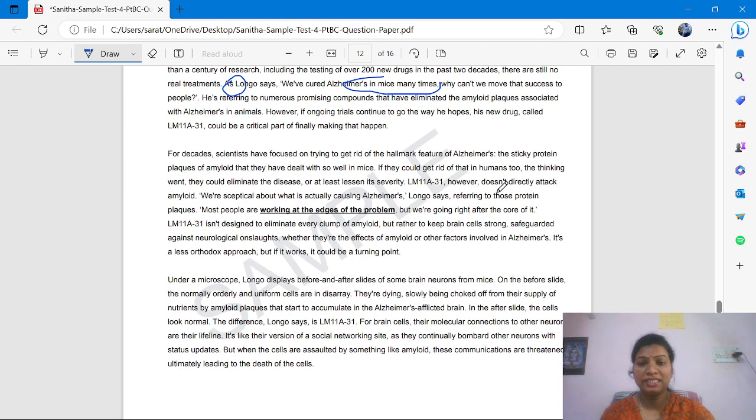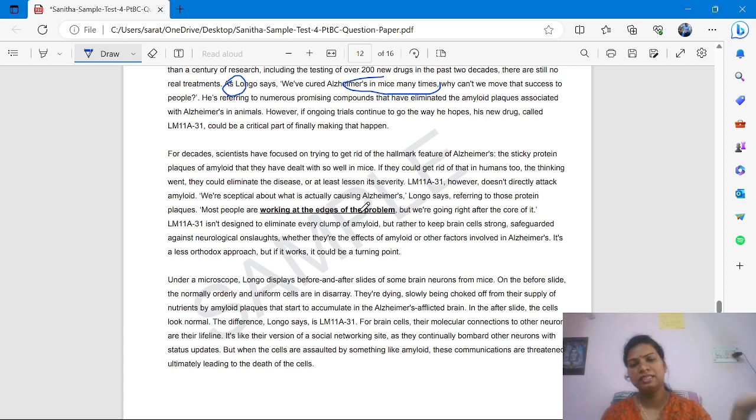LM11A31, however, doesn't directly attack amyloid. We are skeptical about what is actually causing Alzheimer's, Longo says, referring to those protein plaques. Most people are working at the edges of the problem, but we are going right after the core of it.